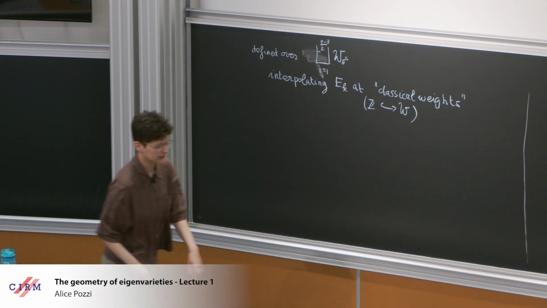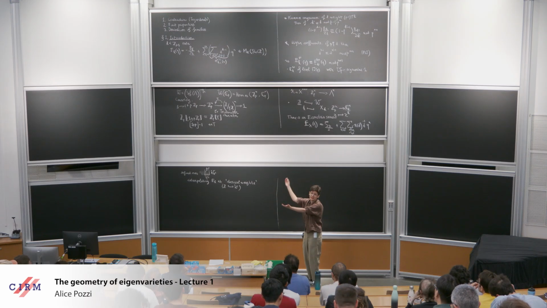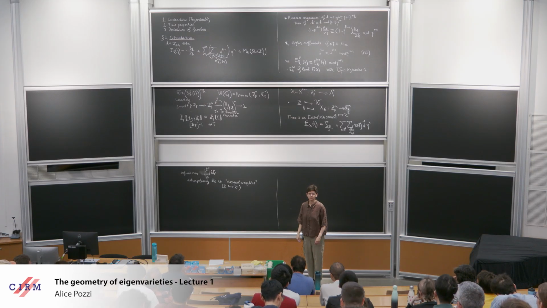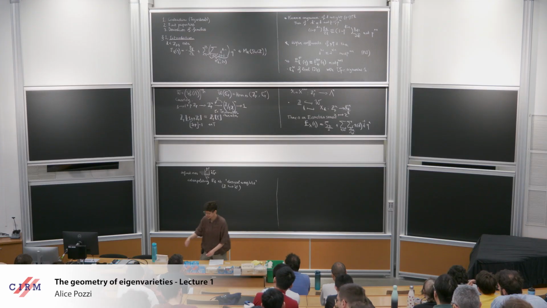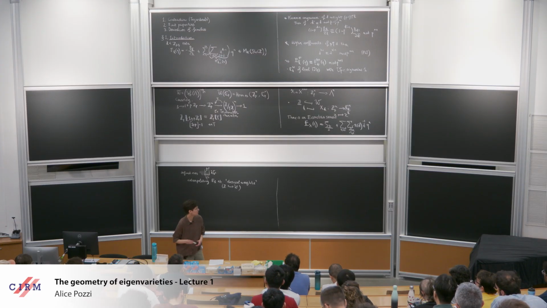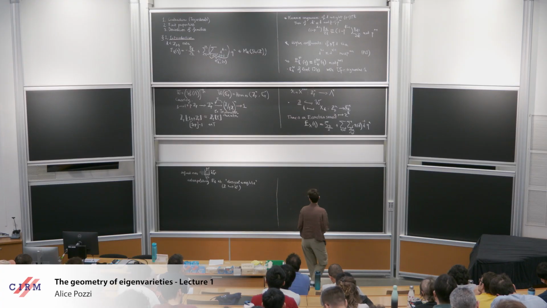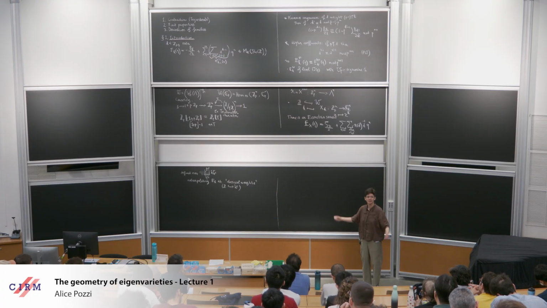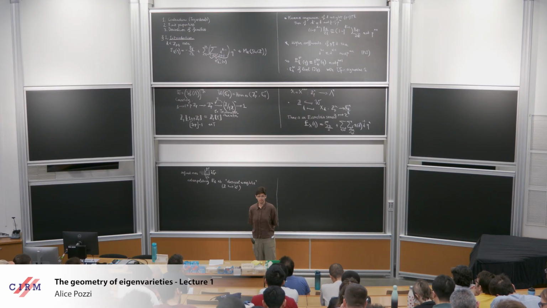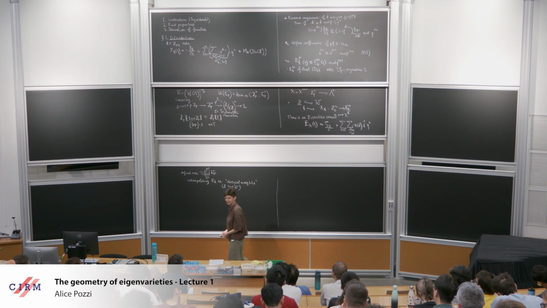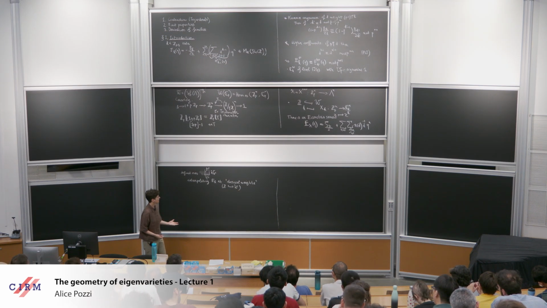This is a concrete example of a family. In general, unfortunately, we are not going to be able to write that many examples of families interpolating classical things. But we will have to switch our perspective completely and construct a big space interpolating this type of families that is a little bit mysterious, but we can prove some geometric properties of it. And we can prove that some classical forms can be put into these p-adic families.